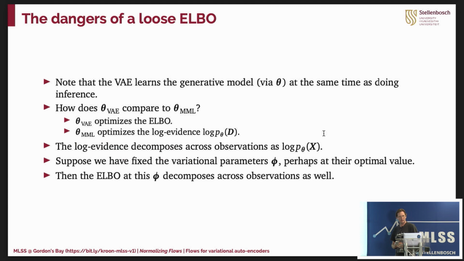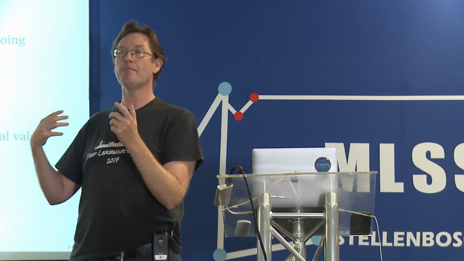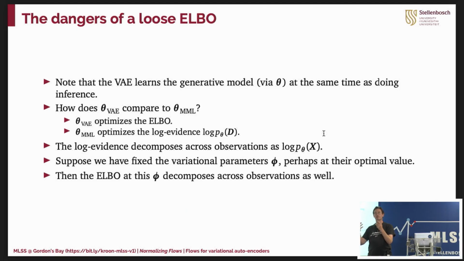All right, now, I've mentioned that the VAE is learning the generative model at the same time as doing inference. So the question you might ask yourself is, if I learned the generative model with variational autoencoders, how would the generative model parameters look if I compare them to what I would get if I actually maximize the marginal likelihood without using variational inference?